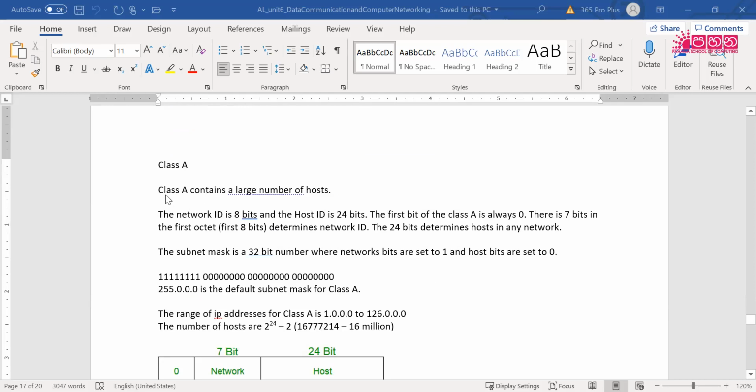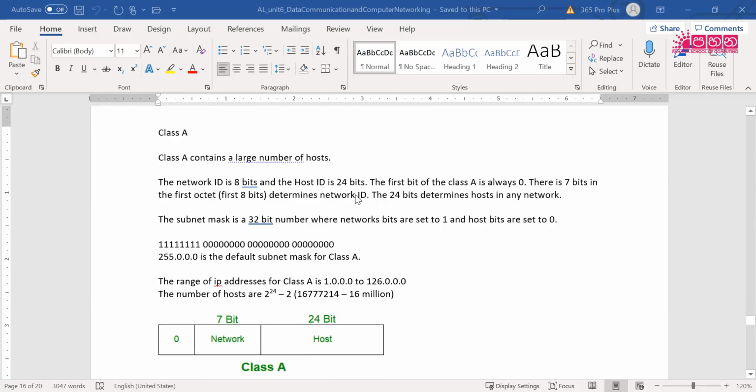First of all, you need to remember class A contains a large number of hosts. Why? In class A, you have 24 bits for host, which means all possible combinations will be 2 to the power 24 as the approximate number of hosts.